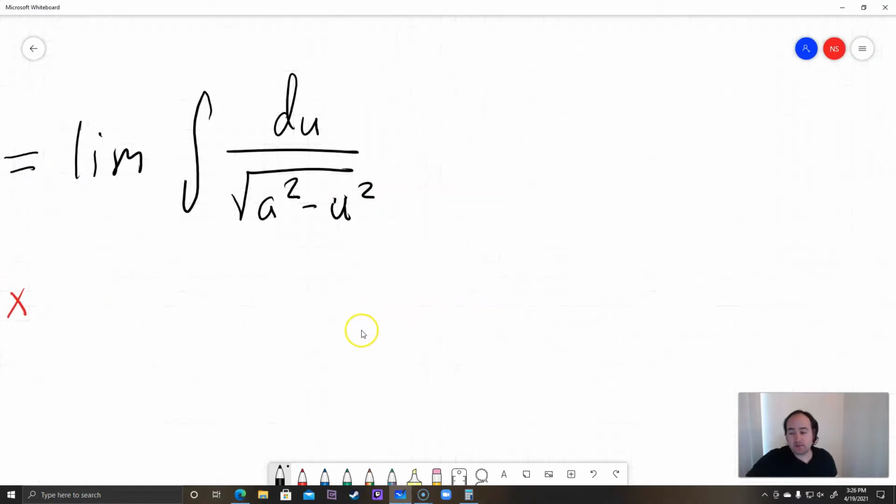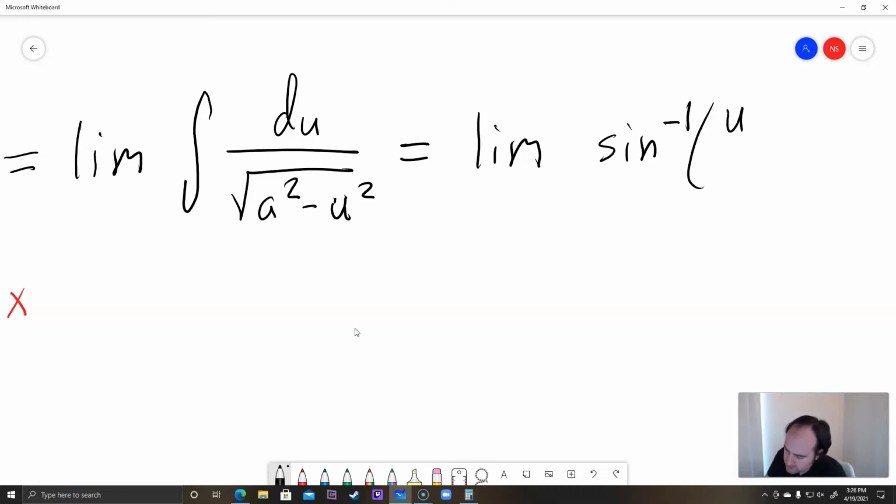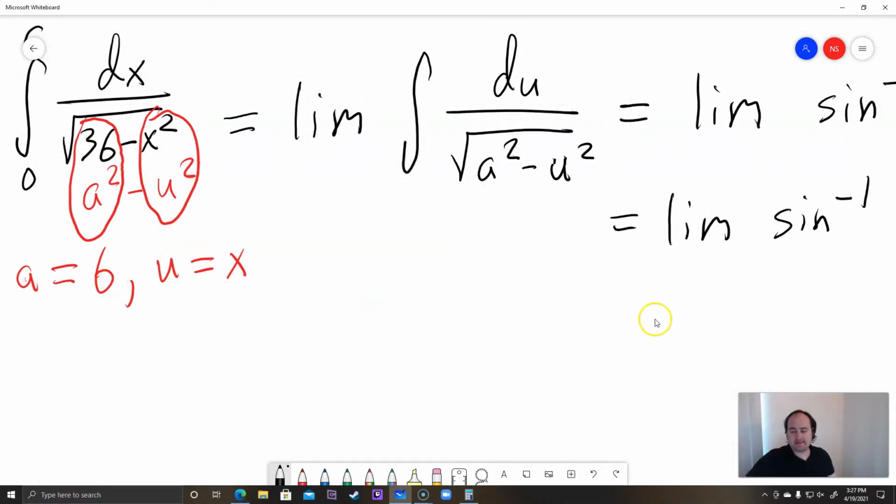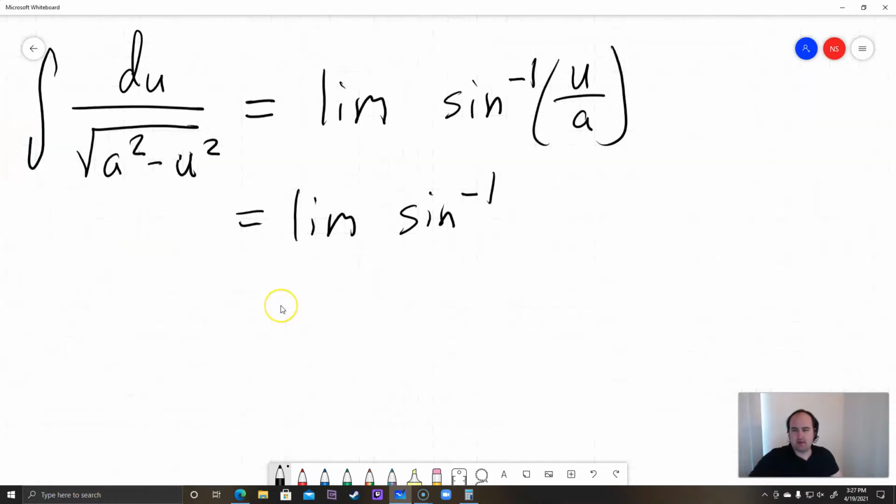But we're not going to write the plus c because we're going to end up doing a definite integral here. Okay, so we have the limit of sine inverse of u over a, which is the same as the limit of sine inverse of, well, in this problem we said u was x and a was 6. Okay, so we actually have sine inverse of x over 6.